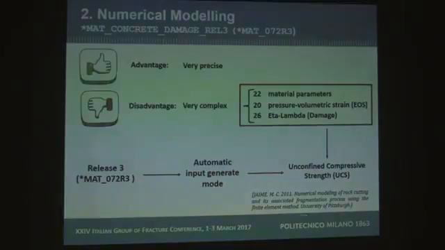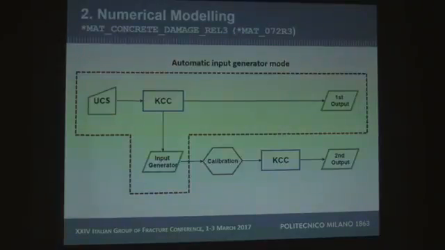Therefore, in the third release of this model, Malvar developed an automatic input generation mode that predicts all these input parameters based on the unconfined compressive strength. In order to show how this mode works, and also a very good modification of this prediction, it is presented in this article. In automatic input generation mode, the user can put the UCS, the unconfined compressive strength, in the KCC model, run the simulation and get the first set of results.